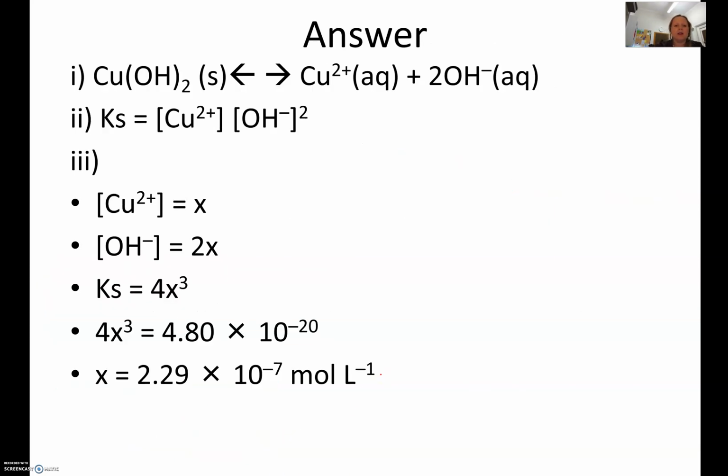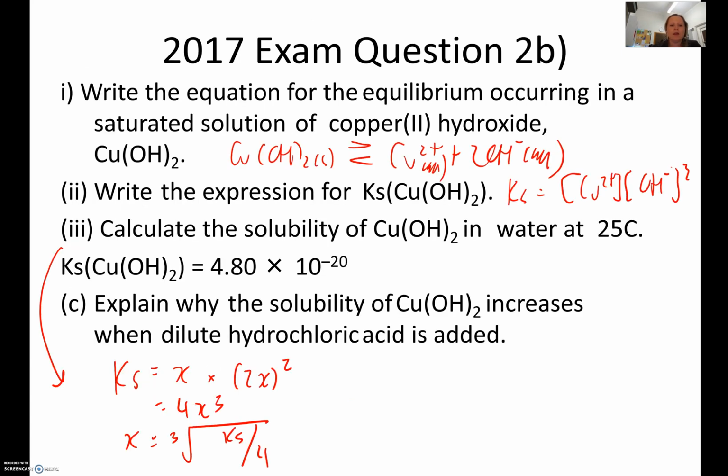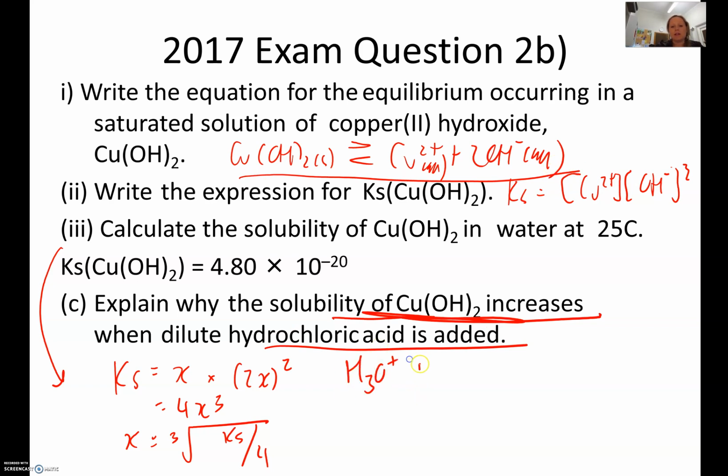And so here's the answer here: 2.29 times 10 to the negative 7, 3 sig figs, and it has to have units of moles per litre because it's a solubility. Final part of the question: explain why the solubility increases when HCl is added. Well, if you've got this equilibrium up here and you add some H3O+ ions, they're going to react with those OH- to produce H2O.